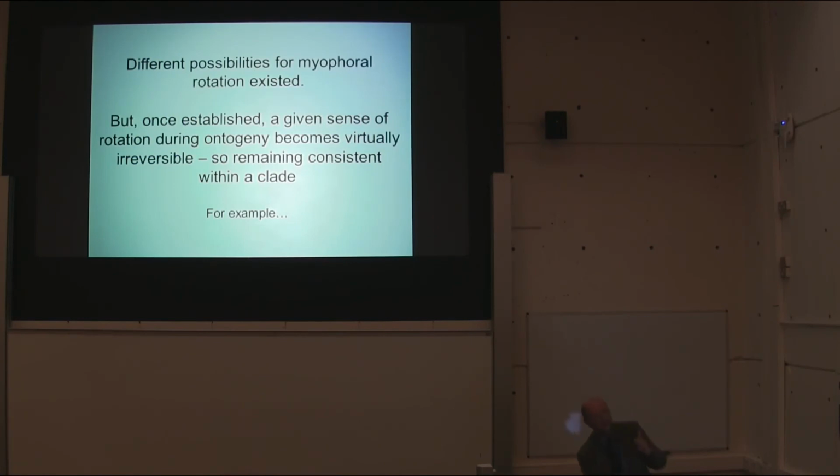Right. Now, the thing is, there are different possibilities for rotating the myophores. And it seems what happens is that once a particular clade of uncoiled rudist has, if you like, decided what kind of solution to this problem it's going to adopt, it seems to be built into its ontogenetic program and then remains as a reliable diagnostic character for the rest of that family's history.